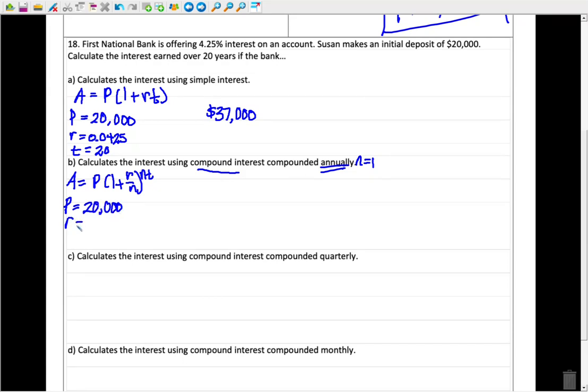The rate, 0.0425. The number of times compounded is 1. And the time, again, is 20. Put all that in your calculator. You're going to get $45,978.13. A lot more than just simple interest.